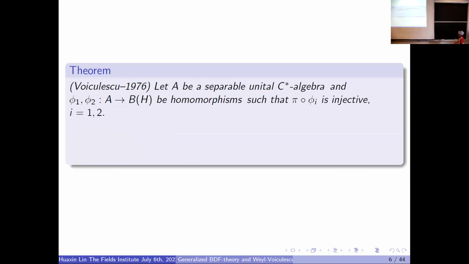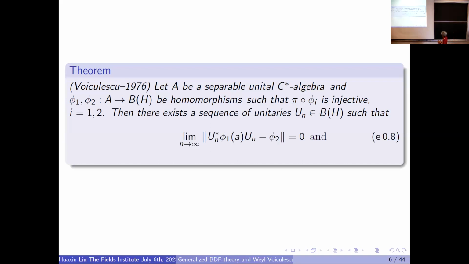You have two homomorphisms, and we assume that in the quotient, the compositions are both injective. Then there exists a sequence of unitaries U_N such that they are approximately unitarily equivalent, phi 1 and phi 2, and the difference is compact.